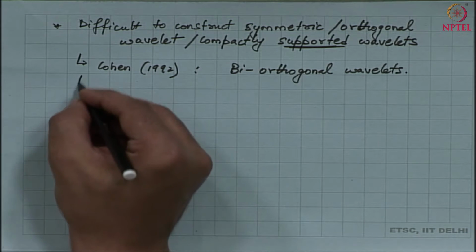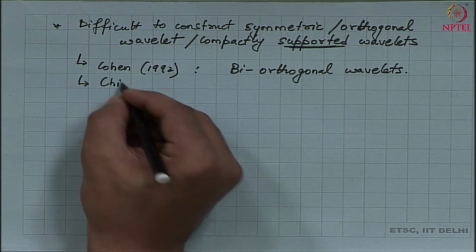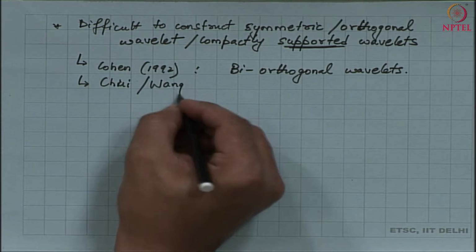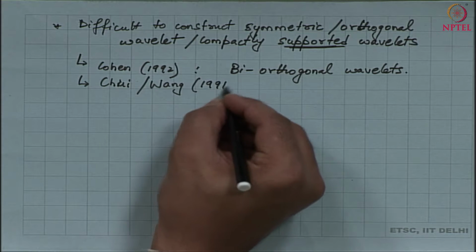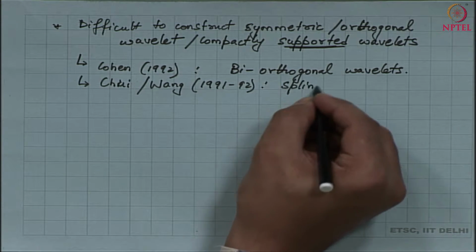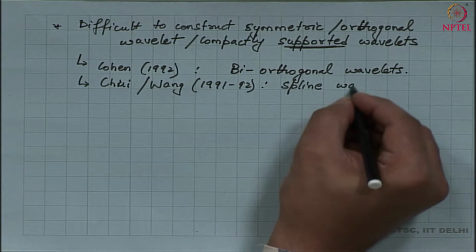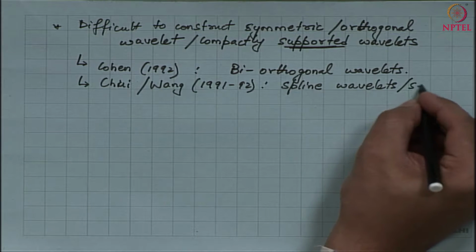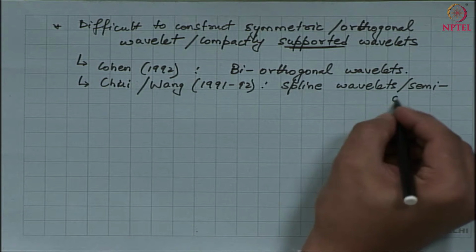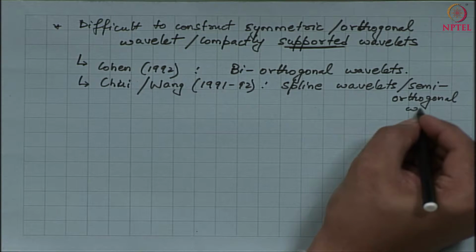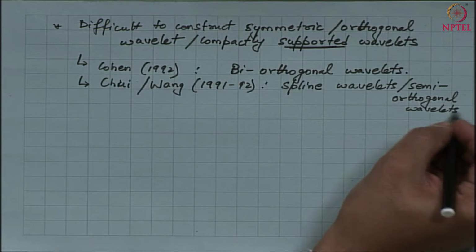Okay. And then Chui and Wang, so that was all done in the early 90s, these two scientists introduced the spline wavelets, which were semi-orthogonal wavelets. Okay.